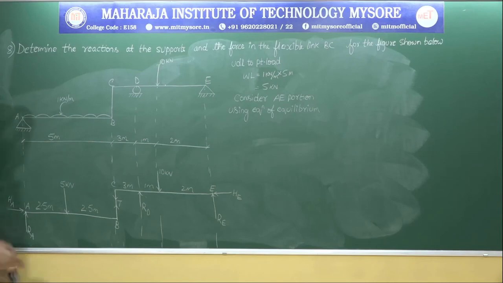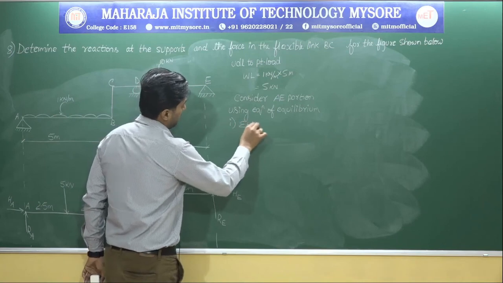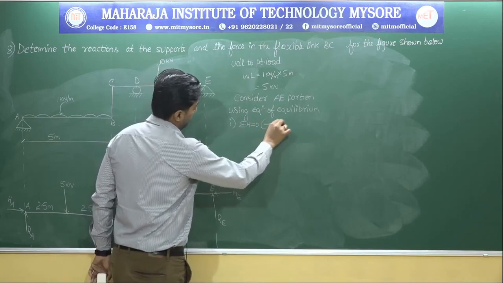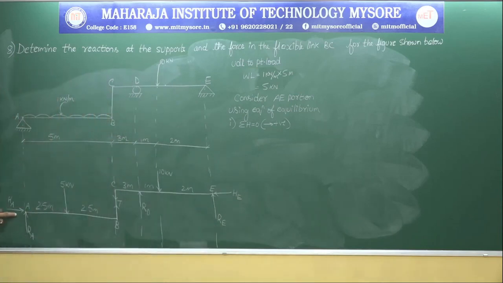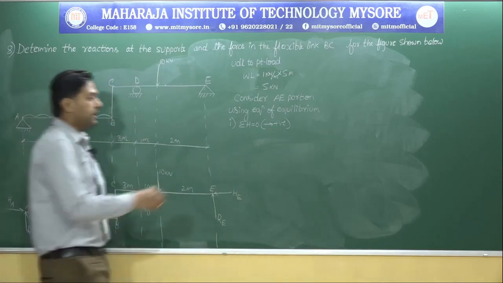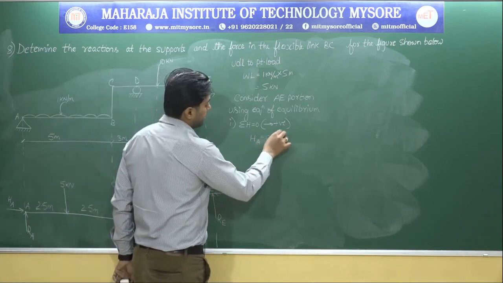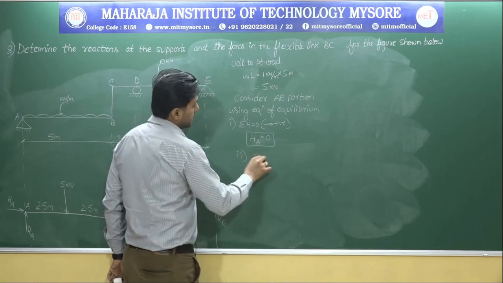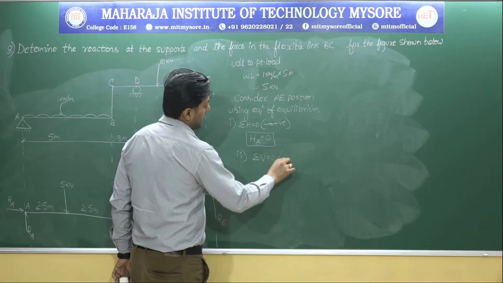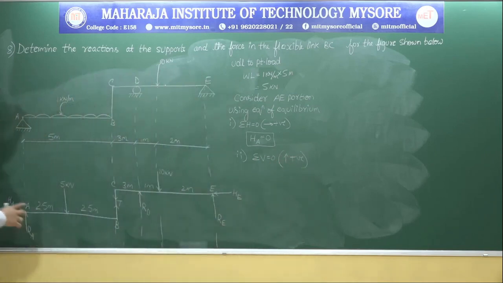As usual, first one, sigma H is equal to 0. Rightward direction positive. For AB portion, we are having only one horizontal force and that too it is HA, acting in rightward direction. So there is only one force, so it is 0. Second one, sigma V is equal to 0. Upward direction positive.